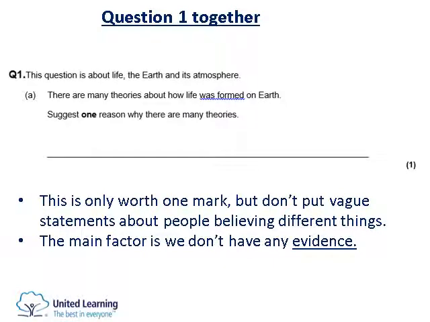So you just need to put that we don't have any clear evidence. Obviously, there wasn't anybody around 2.7 billion years ago. Because it's a 1-mark question, you don't need to go into loads of detail. You just need to say, we don't have any evidence to support this. So any questions relating to something which is such a long time ago that there's no evidence to support that, always go with there is not enough evidence.